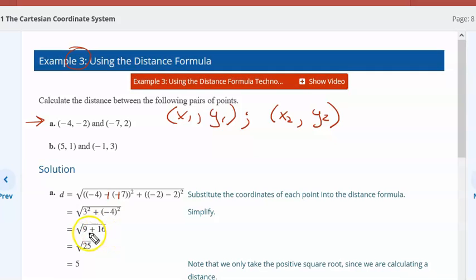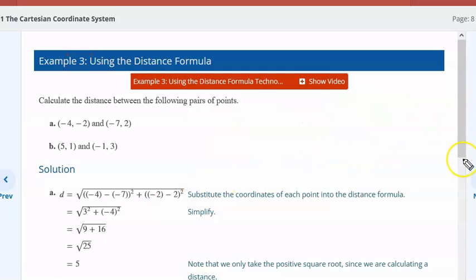When you add these two together, you get a +25. The square root of 25 is 5. So we know then wherever that diagonal is, one side was 3, one side was 4, and the diagonal is 5. And we figured it out using 2 ordered pairs, using the distance formula.